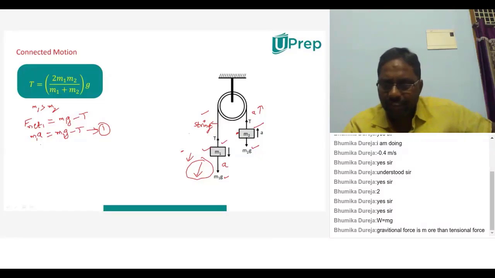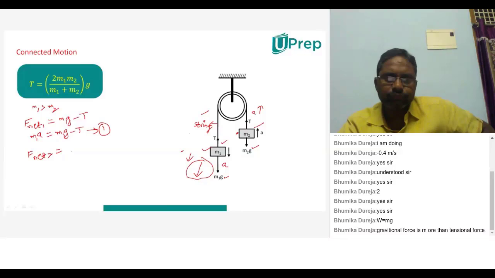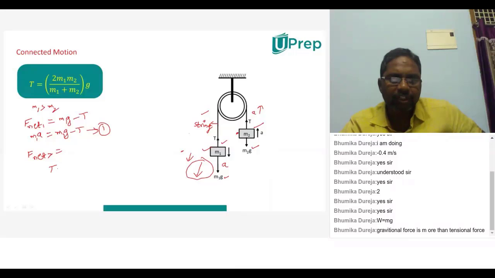Now similarly, let me write the net force acting on the second object. Now tell me, is the second object, mass M2, moving up or moving down? Sir, moving up. When it is moving up, I want to find the net force. Try to understand like this: tensional force is acting in upward direction, plus net force is also acting in upward direction, because it is moving up.